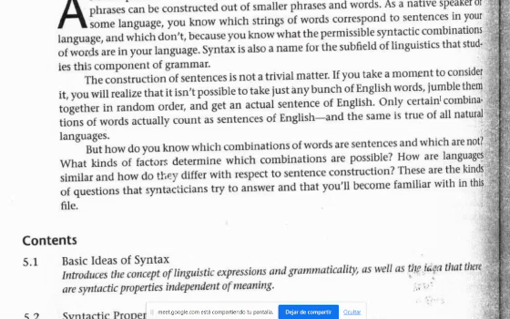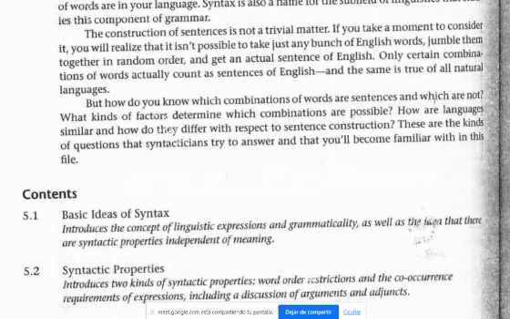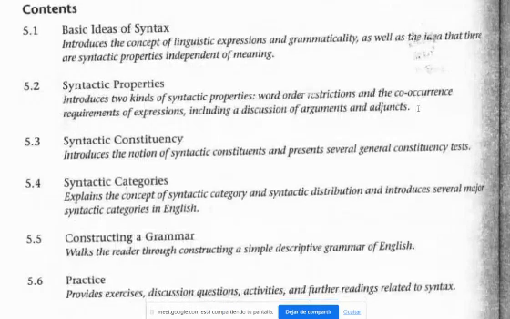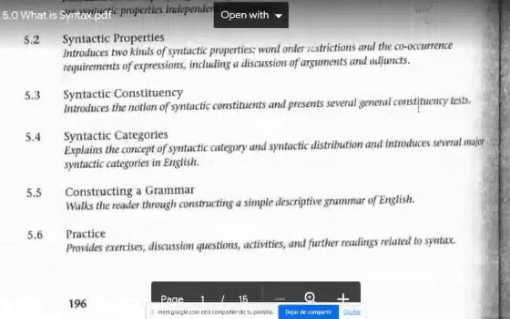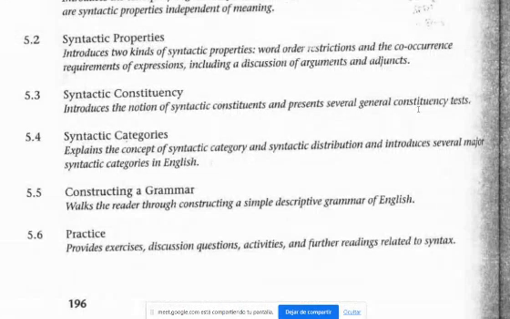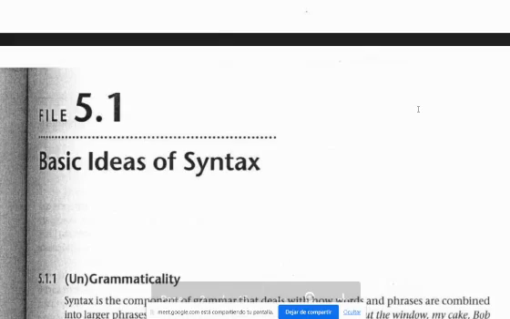And when we know what words can go together, we have another word that we need to know the definition of, which is grammaticality judgment. Do you know what a grammaticality judgment is?